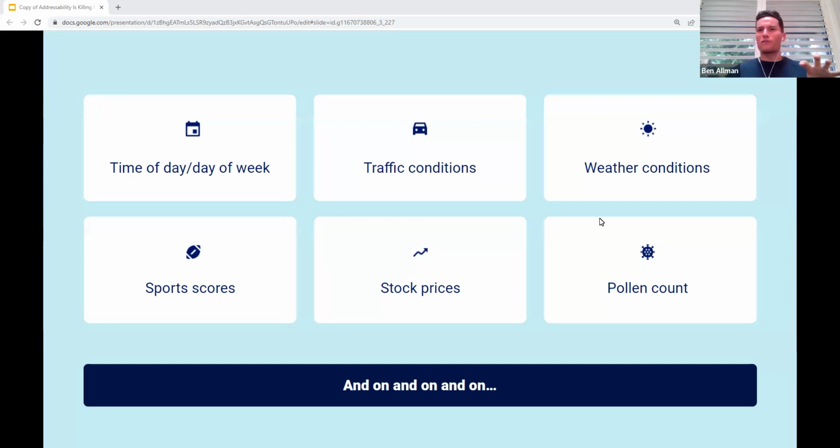The point I'm hopefully making here is that the possibilities for contextual targeting in digital out of home are endless, and they're only limited by two things: your imagination and the data that's available to you. And the best thing about these sorts of data sets is that they're typically 100% privacy compliant, easily accessible, free, and in some cases, they're even available out of the box within your preferred demand side platform or DSP, assuming that you're buying your digital out of home programmatically.